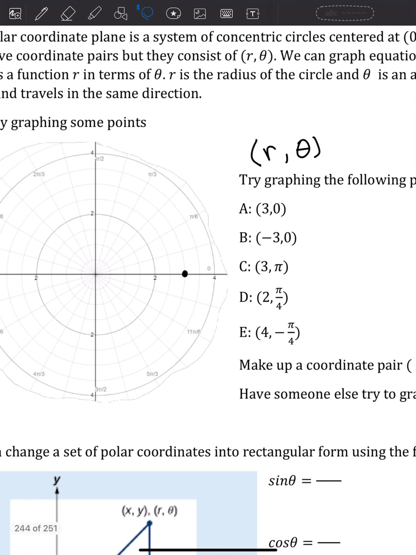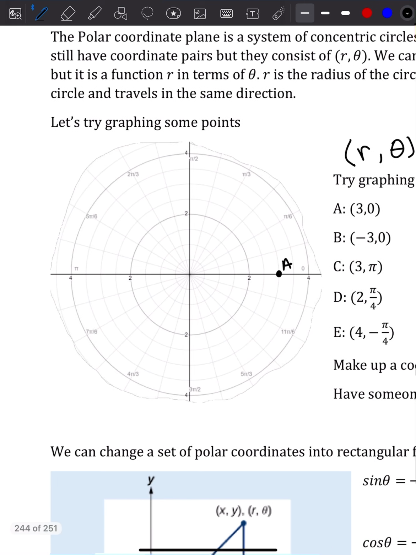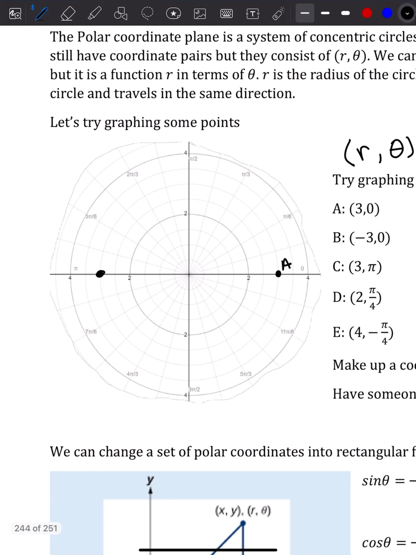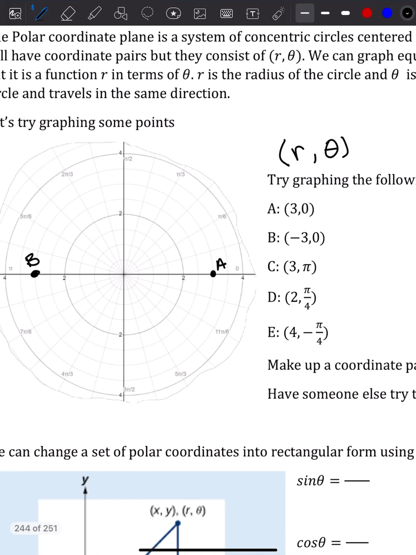Our second one is (-3, 0). That means the radius is in the negative direction, so we're going to move 3 in the negative direction, 1, 2, 3, and then we're moving 0 degrees from that point. So our point B is going to be right here, which gives us (-3, 0).